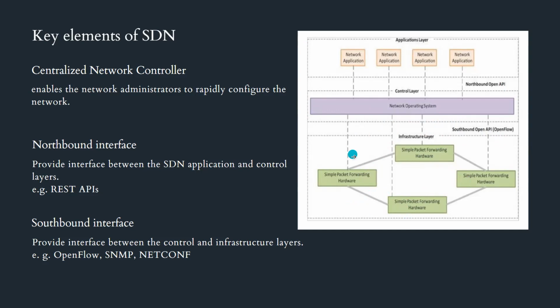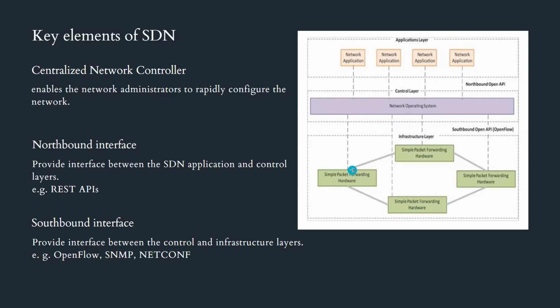There are different protocols that are used by the controller to communicate with these network devices. Those protocols are OpenFlow, and then there are configuration protocols. So specific protocols are used to do the communication between the controller and the network devices.